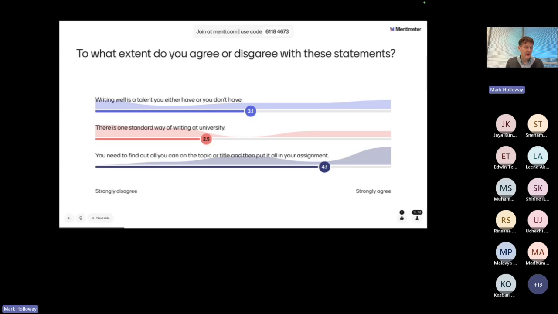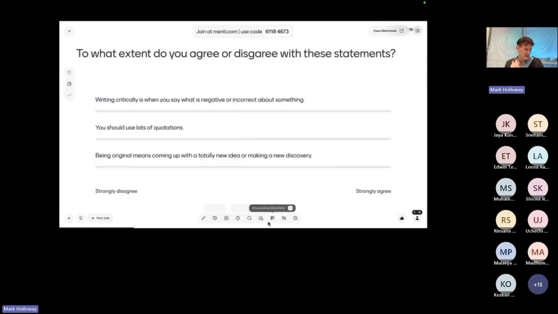Okay, so very clearly, most of you seem to be agreeing with the last statement quite strongly: you need to find out all you can on the topic or title and then put it all in your assignment. But you're less convinced that writing well is a talent you either have or you don't have. Okay, next slide, I've got 3 more statements. Writing critically is when you say what is negative or incorrect about something.